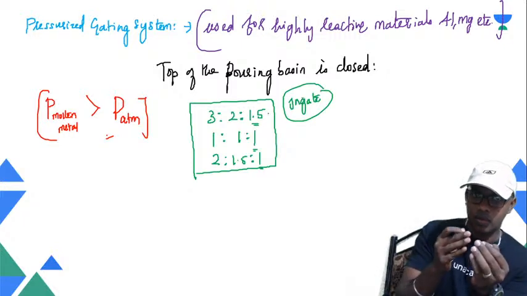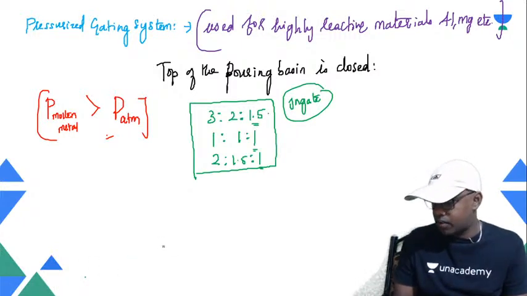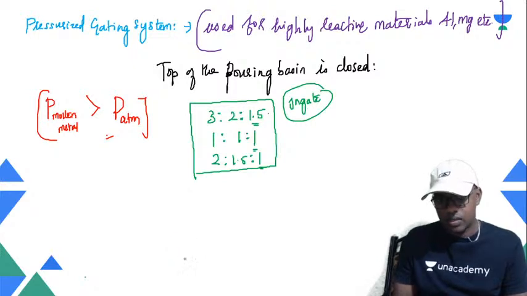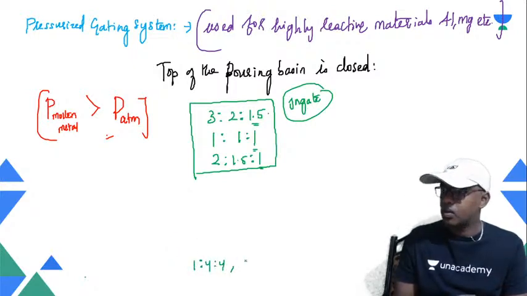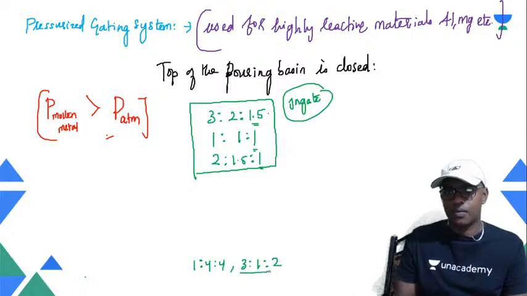Make a good note. Let me give one another example for our reference: say 1:4:4, or we can bring in 3:1:2.